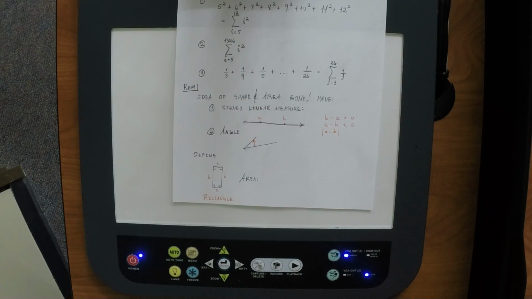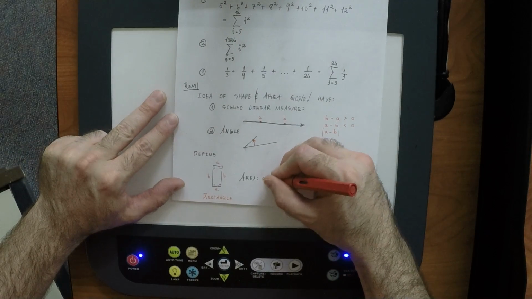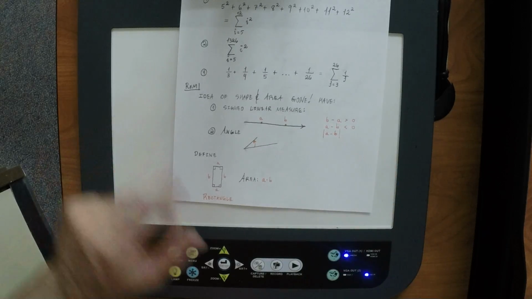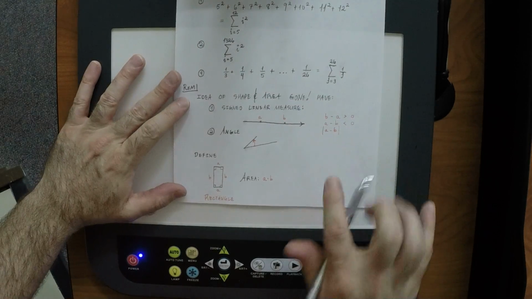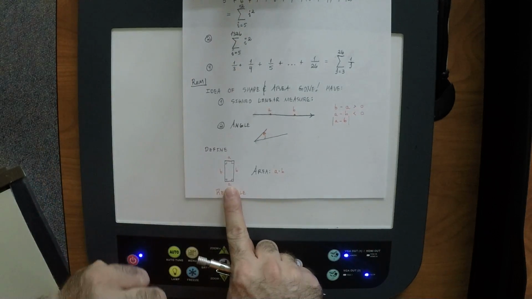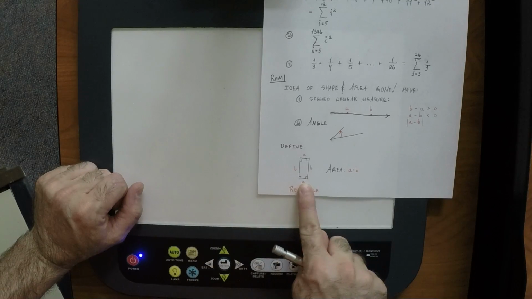So now let's come up with a formula for it. What's going to be the formula for it? Oh, I think that's a great formula for it. Terrific. Good. So now we have a definition of a shape, rectangle, and we have a formula for its area. Now I'd like to point out some things. So the area of this rectangle is AB. What about the area of that rectangle?